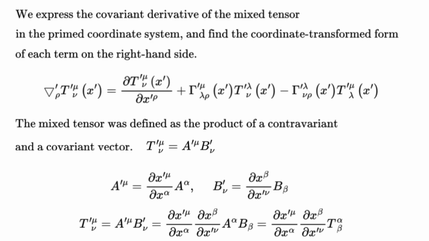We express the covariant derivative of the mixed tensor in the primed coordinate system, and find the coordinate transformed form of each term on the right-hand side. The mixed tensor was defined as the product of a contravariant and a covariant vector.